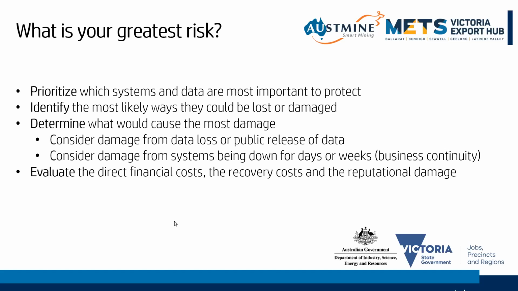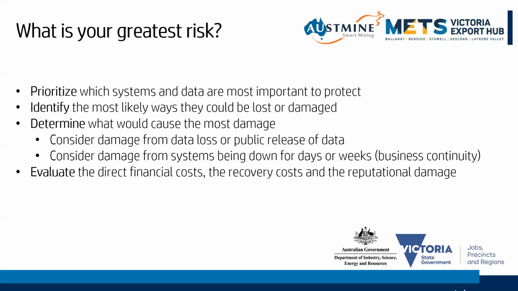Now, we've talked in the previous two sessions about how important it is for you to evaluate your greatest risk and to prioritize the systems and data that are most important to protect. That really is vital, and it's key to making sure that your disaster recovery plan and your incident response plan is effective.